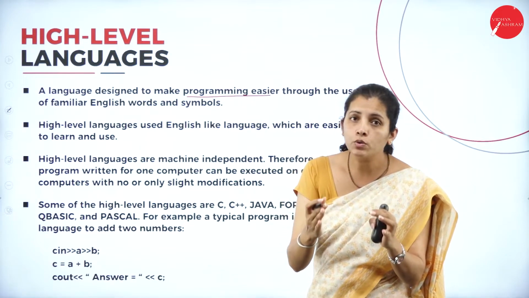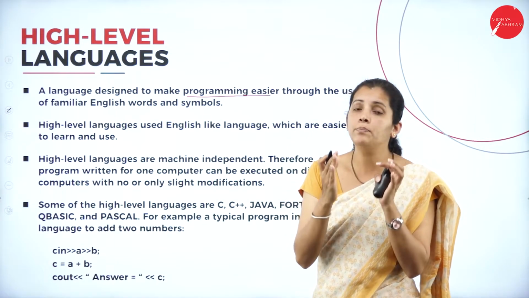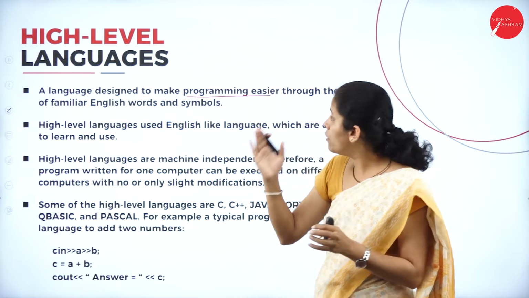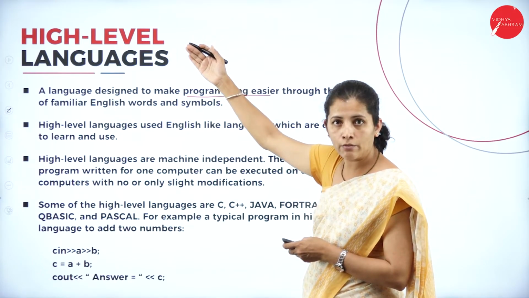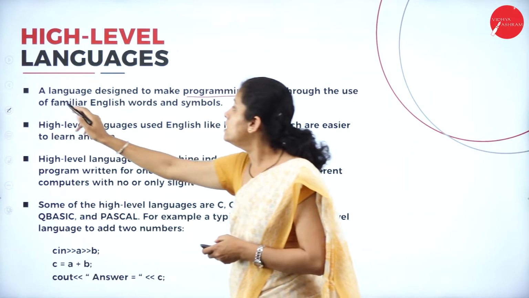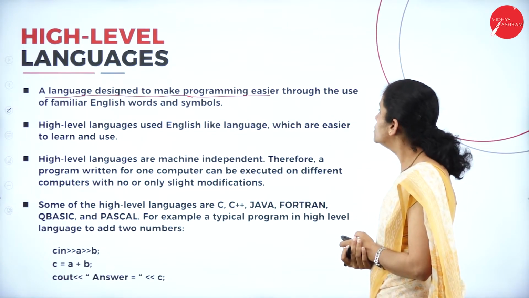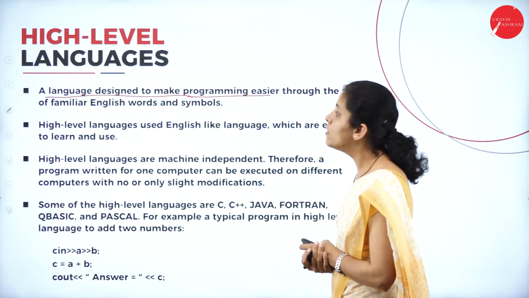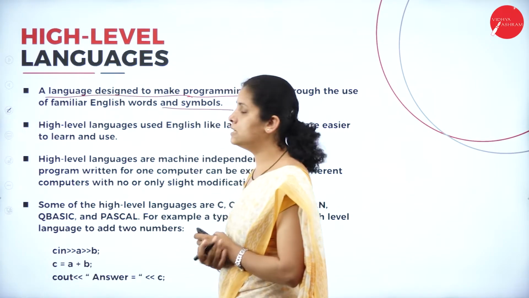Why am I going to use English language? Because I want to make the program easy. For that reason, I'm going to use high level languages. So it is a language designed to make programming easier through the use of familiar English words and symbols.